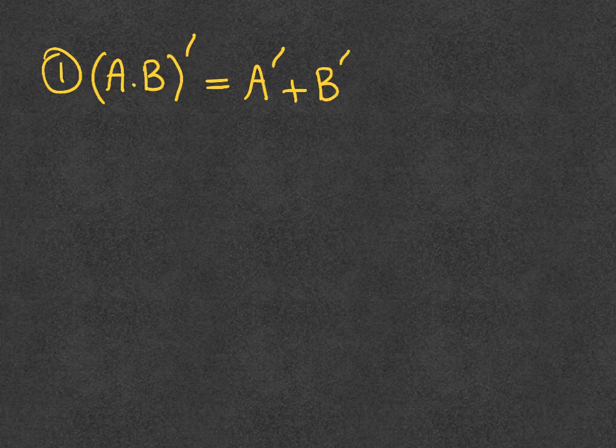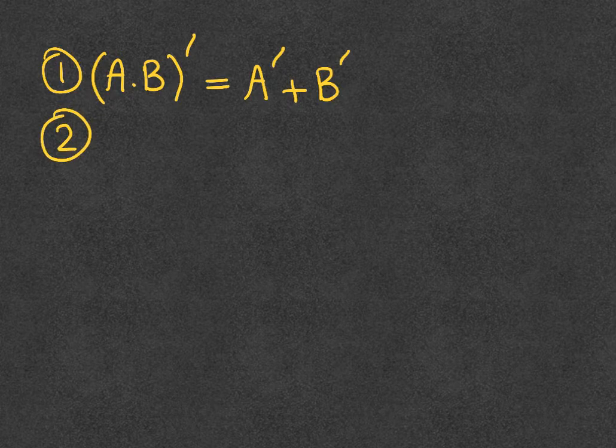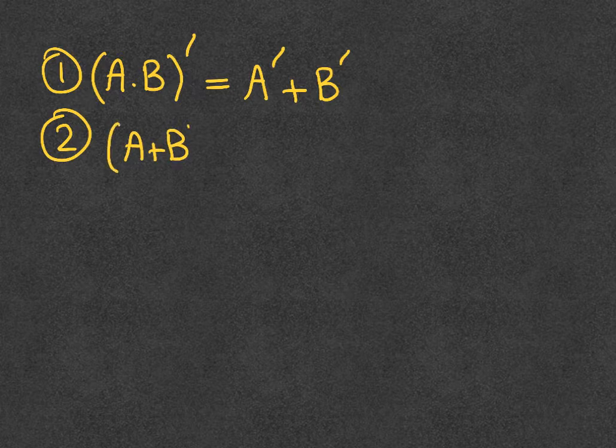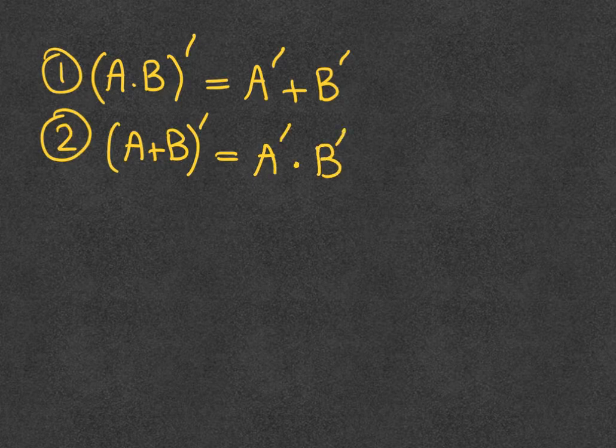So you can complement the two inputs and then OR them. So that's one of the theorems for De Morgan's law. And we had the second theorem for De Morgan's law, which is related to the NOR gate. So this is a NOR gate and it can be written as A prime and B prime.